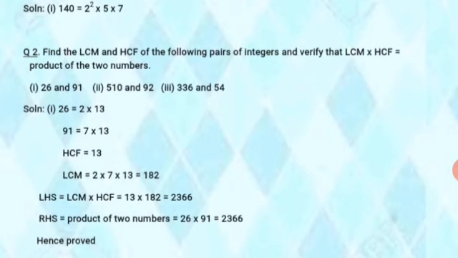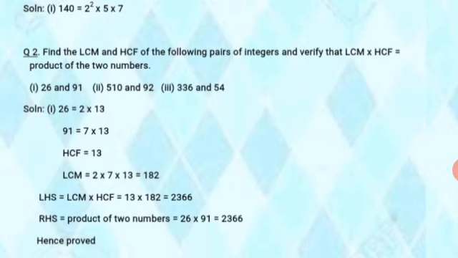Now with this knowledge, we are going to prove the mathematical statement. As we have to verify the statement, we have taken the left hand side separately and right hand side separately. The LHS, that is the left hand side, is equal to LCM multiplied by HCF, which are found to be 13 and 182.